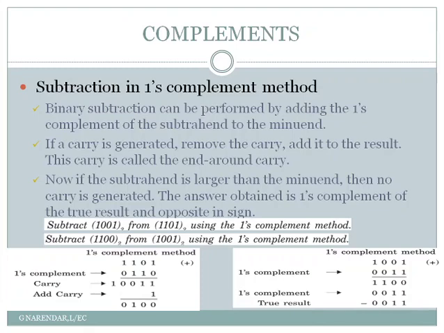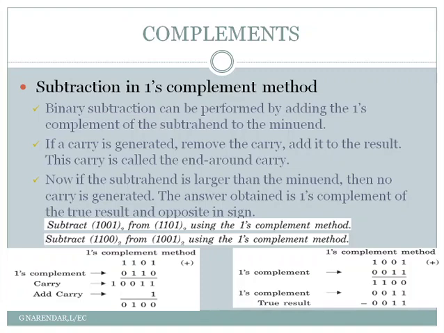But here, if you take the 1's complement of the subtrahend, then that can be added to the minuend, and this addition is equivalent to subtracting the subtrahend from the minuend. That is the advantage of the complement method. Here we can make the subtraction operation more similar to the addition operation, and the same circuits that are used for addition can be used for subtraction.